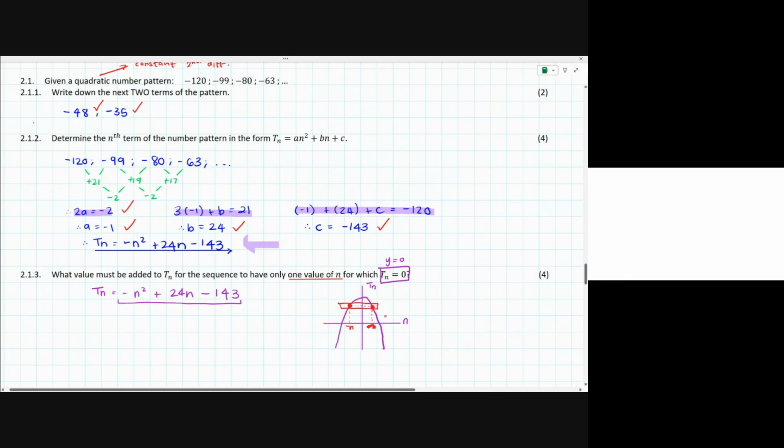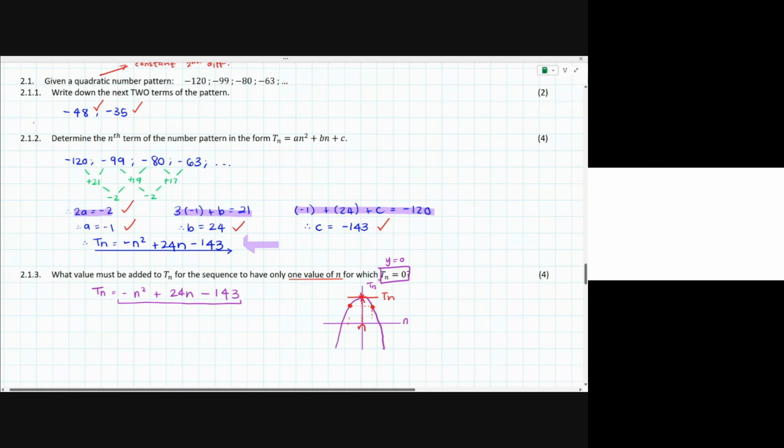We now want a situation where it's one n, one tn, one x, one y. And the only place where that happens on a parabola is at its turning point. So at its turning point, we have a singular n value and a singular tn value. That's the only place where that's going to happen.